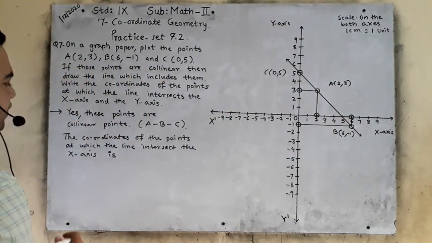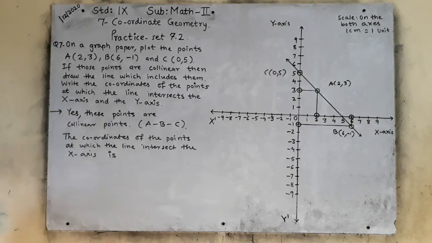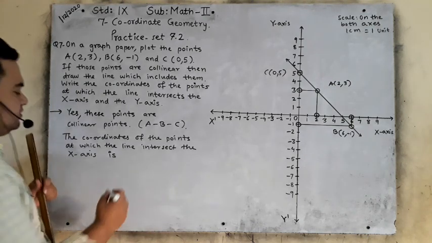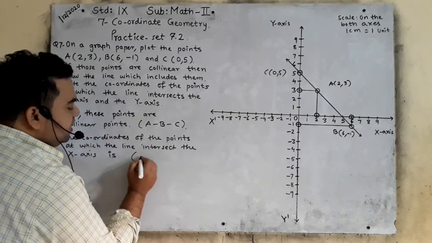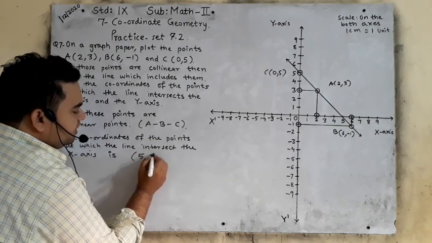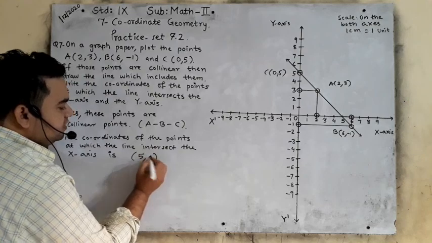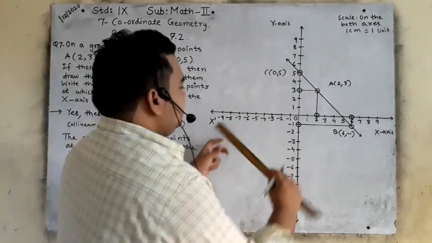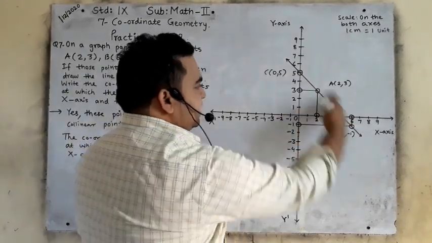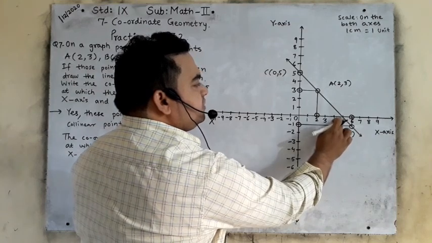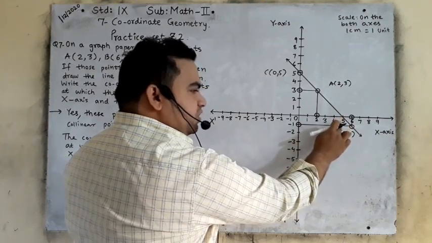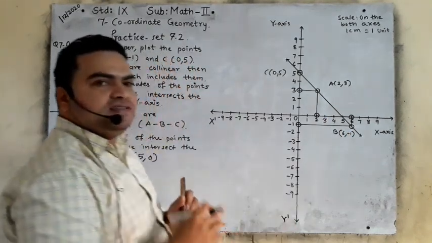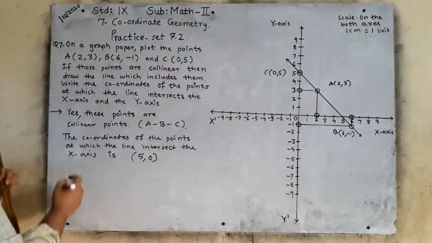X is equal to 5, right? You will write x is equal to 5. It means you will write the coordinates: x is 5 and y is 0, right? See here, pay attention. This is the x-axis and this line intersects the x-axis at the coordinate 5. It means the x coordinate is 5 and the y coordinate is 0. Okay, now see the next one.